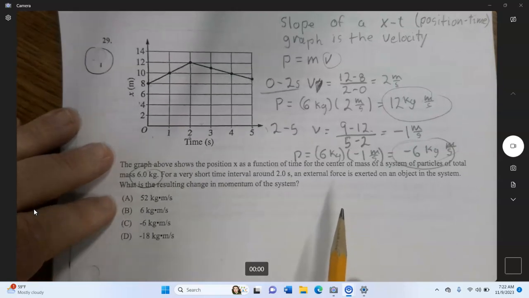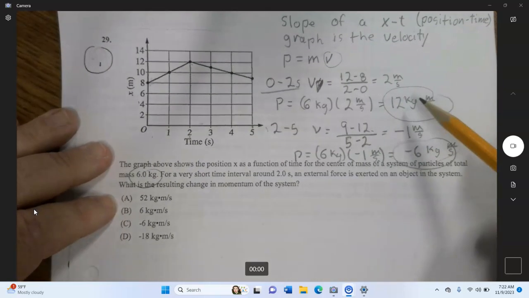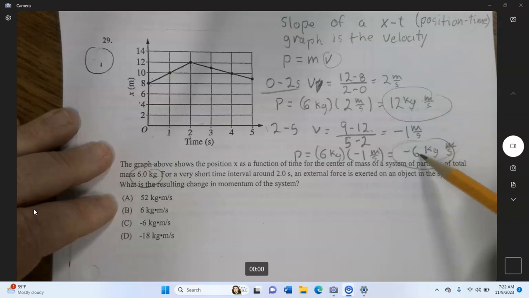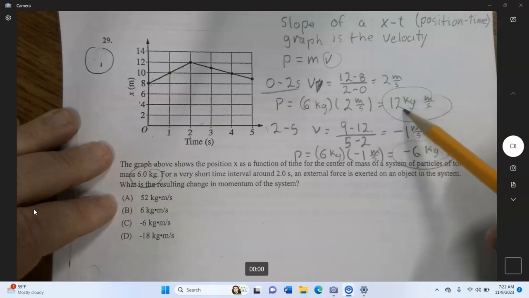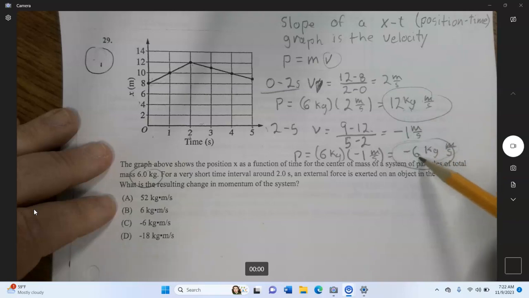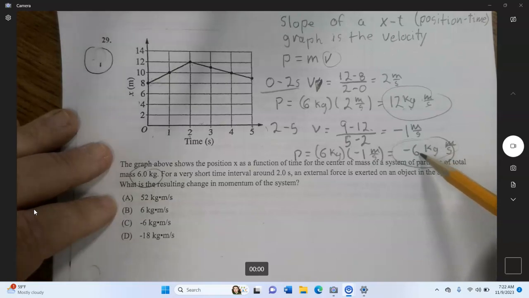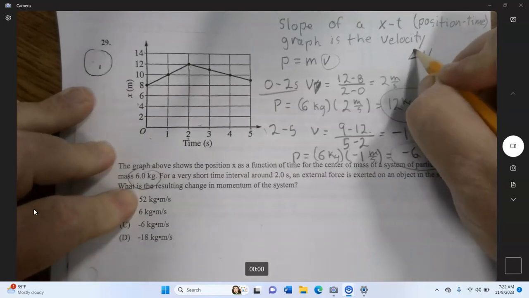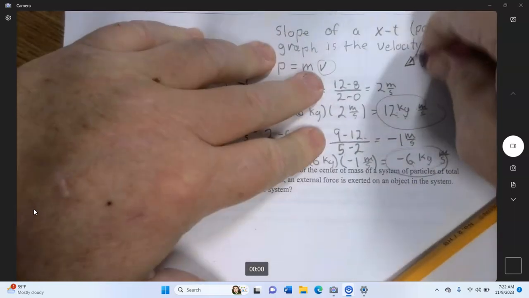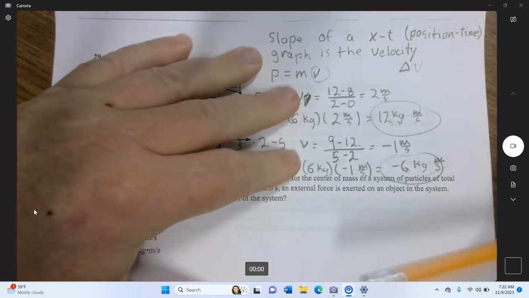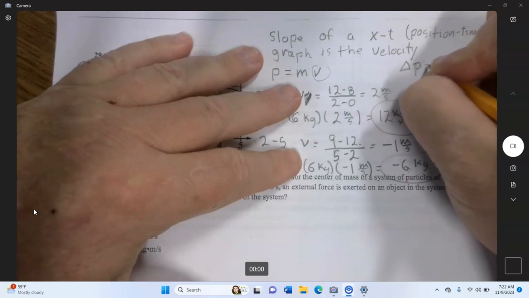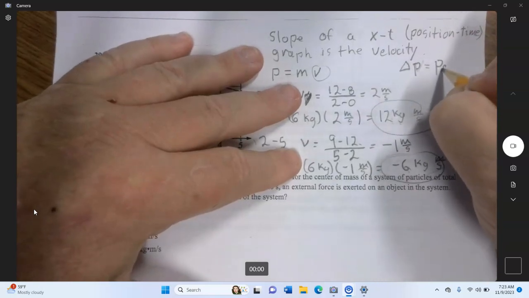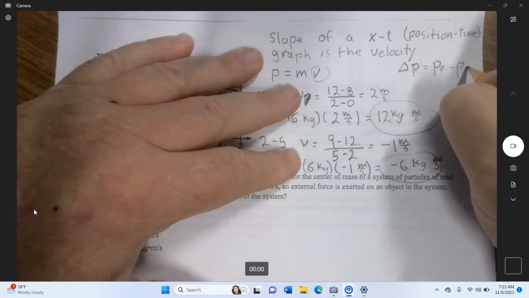So it wants to know the change in momentum. So it went from positive 12 to negative 6. You take the final momentum and you subtract the initial momentum. We said that before. So I'm going to come up here. Change in momentum, delta P, equals momentum final minus momentum initial.